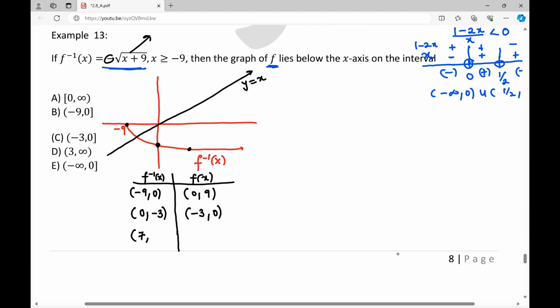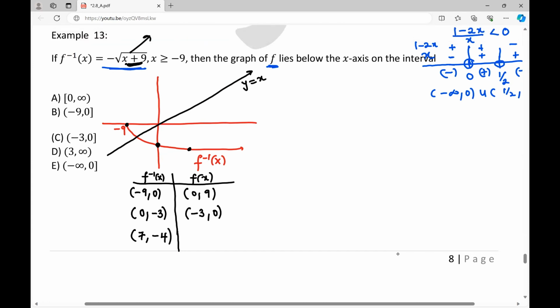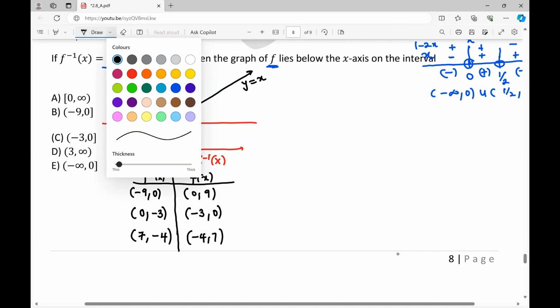Because if I take 7, 7 plus 9 will give us 16. Root of 16, but there is a minus here. So it's going to be 7 and minus 4, and these will become minus 4 and 7.